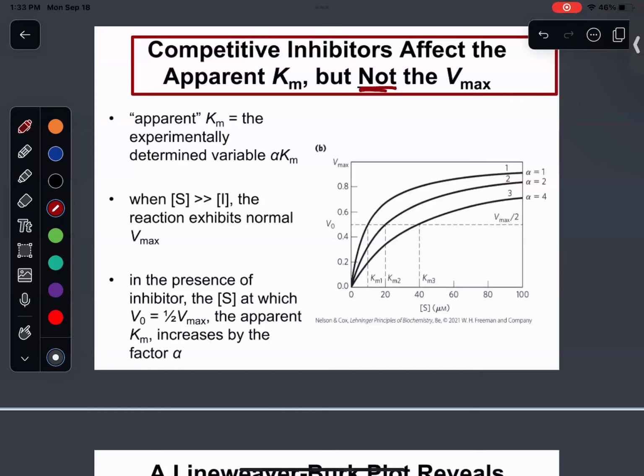So if I add a little bit of inhibitor and you see the Vmax dropped a little bit, and then I pour in a whole bunch of substrate, then the Vmax is going to come back to just about normal. If we flood the system with substrate, there's obviously going to be more substrate to enzyme interactions, and it'll be able to form those enzyme substrate complexes much more than if there was just a little bit of substrate. Does that make sense?